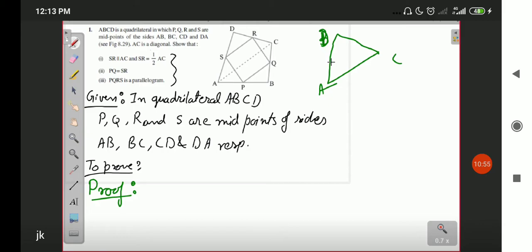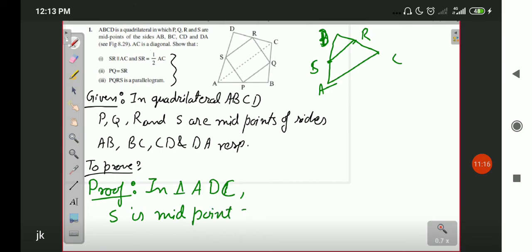In triangle ADC, S is the midpoint of AD and R is the midpoint of CD.